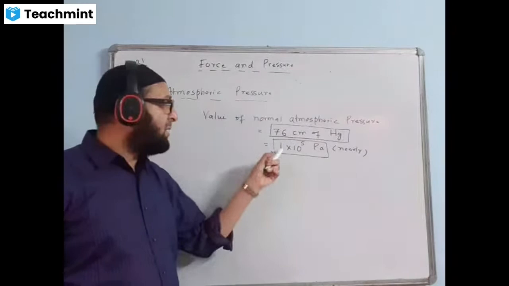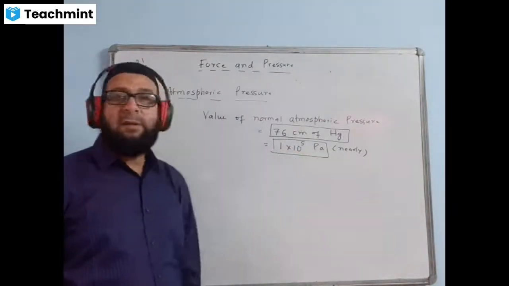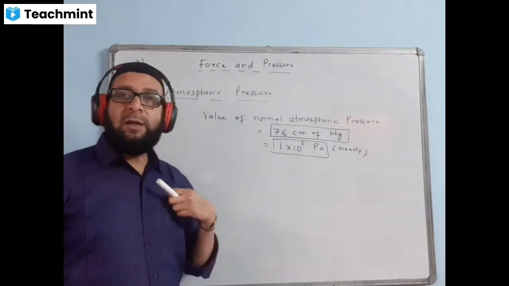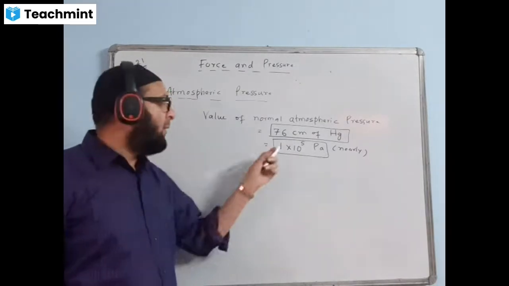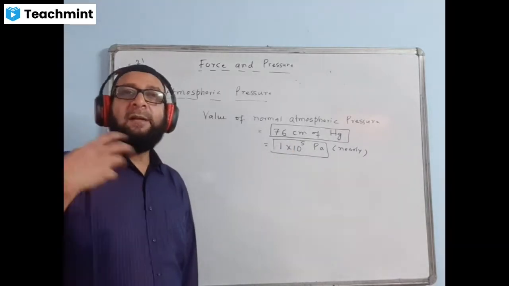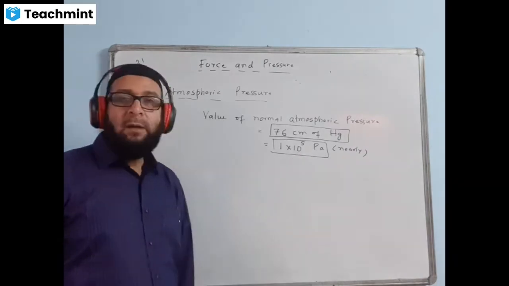Or we have to learn this value in terms of SI unit, 1 into 10 to the power of 5 pascals, approximately. Actual value is 1.013 into 10 to the power of 5 Pascal, but we are taking it approximately equal to 1 into 10 to the power of 5 Pascal.